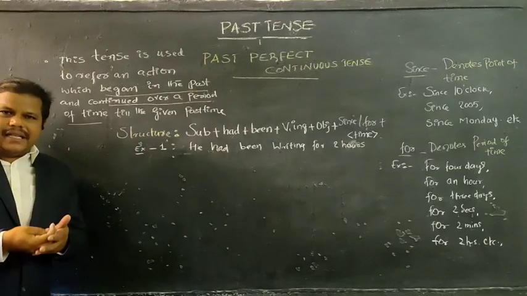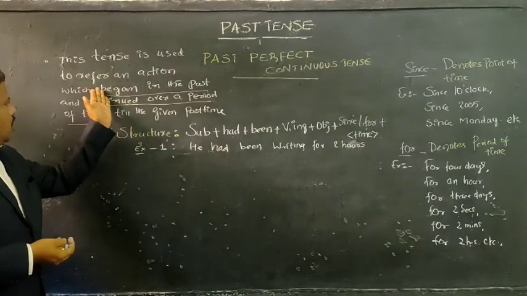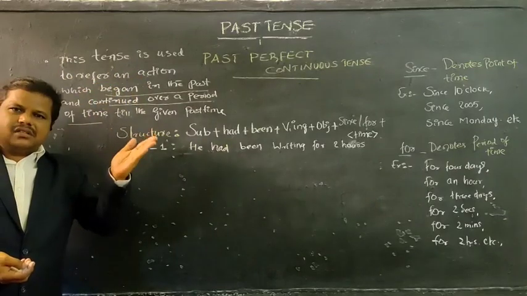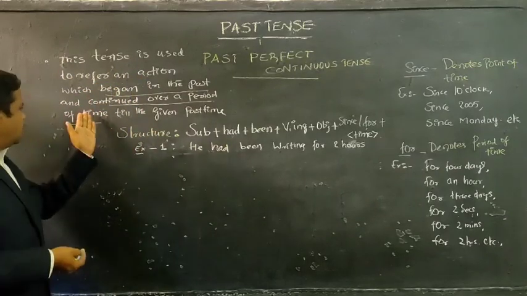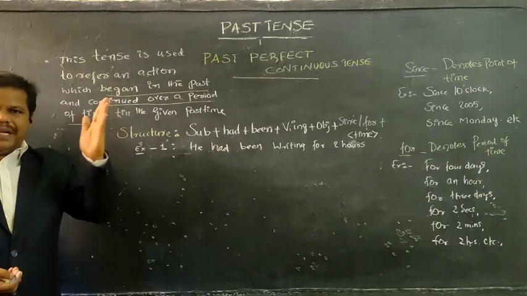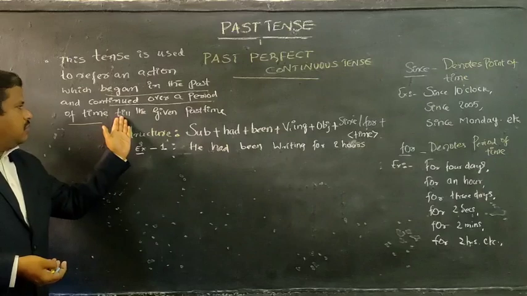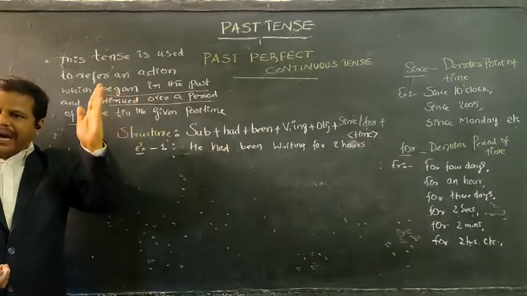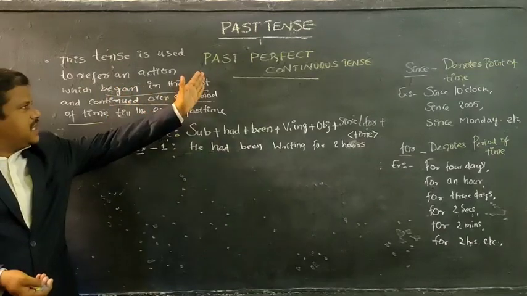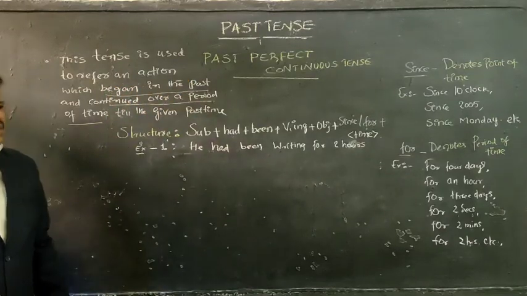The action already began in the past and continued for a period of time. What period of time? Till the given past time. Those types of sentences come under past perfect continuous tense.